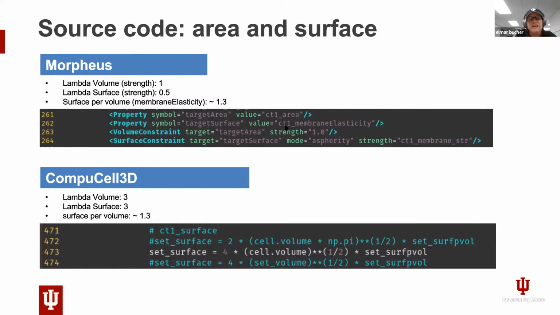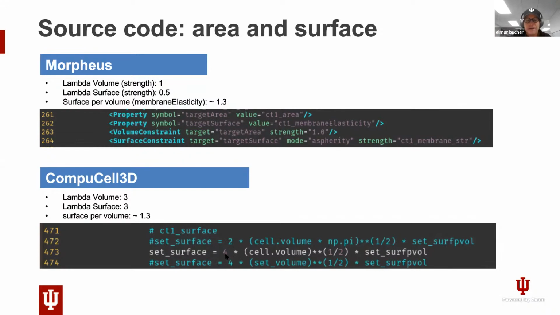In Morpheus, I think it's the standard way, you don't specify the surface constraint directly, you just give a factor for that, and this factor is around 1.3. James helped me to do this calculation the right way, because it was wrong when we showed the simulation last time.